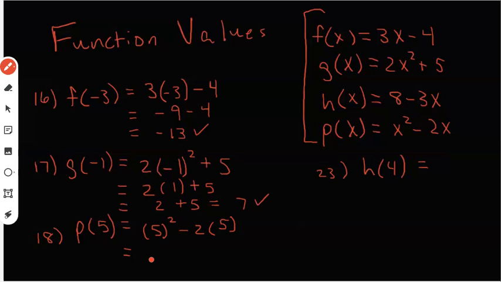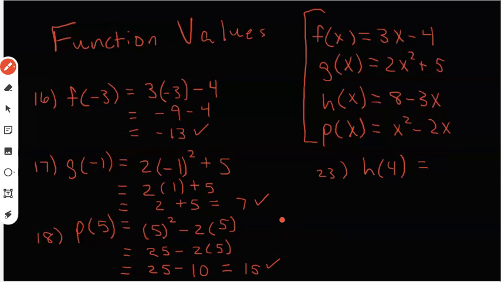That's the same thing as doing 5 times 5, and that's going to give us 25. I also have 2 times 5 over here. We're going to do that next. Coach, what's 2 times 5? Give you 10. Right. And then 25 minus 10 is going to give me 15. And I'm done. So that's number 18.